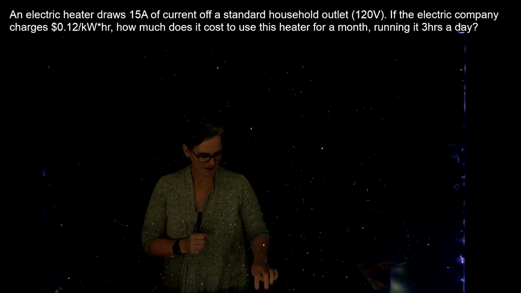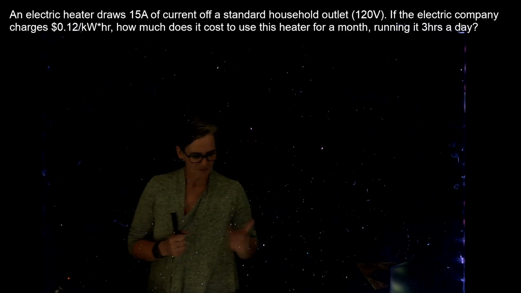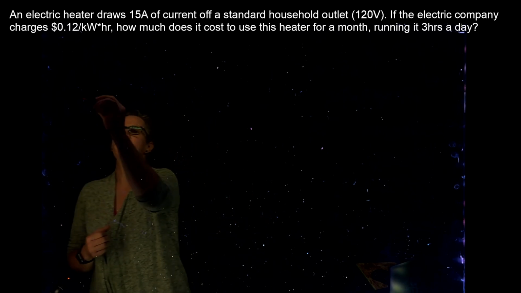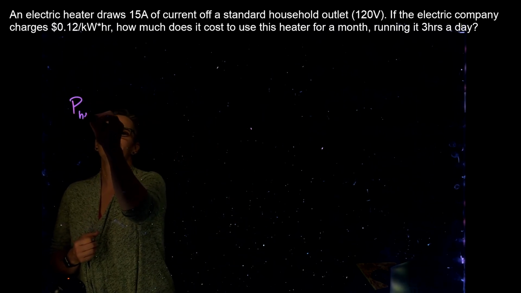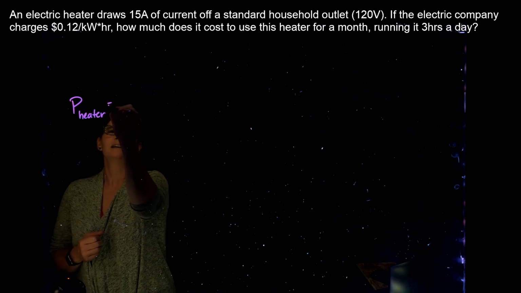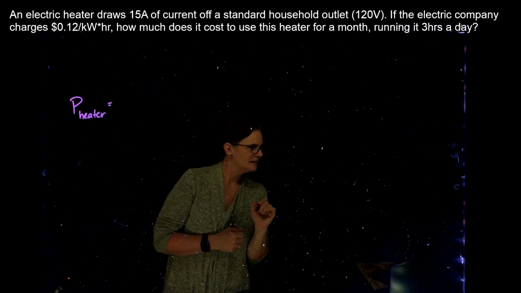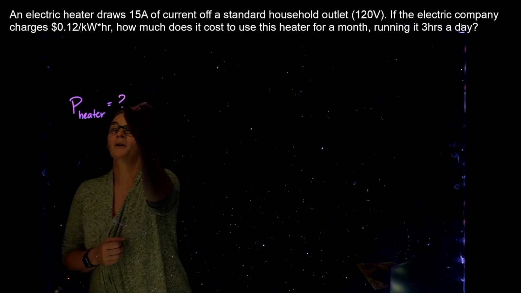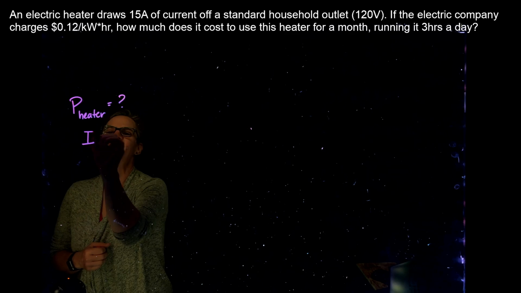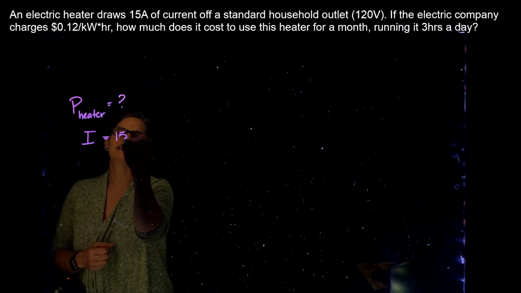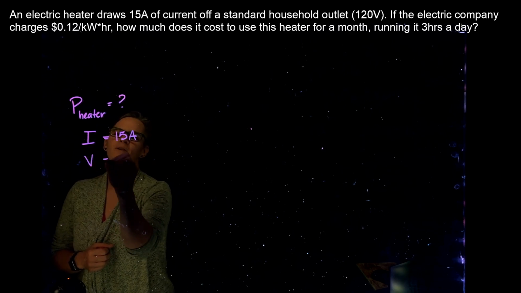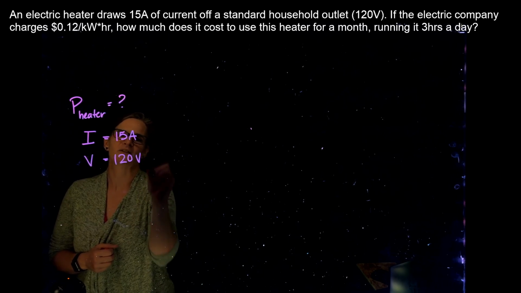All right, so how do we solve this problem? Well, what do we know? We know that the power of the heater, we don't know the power of the heater. It draws a current of 15 amps, and we know that the voltage in the household is 120 volts.